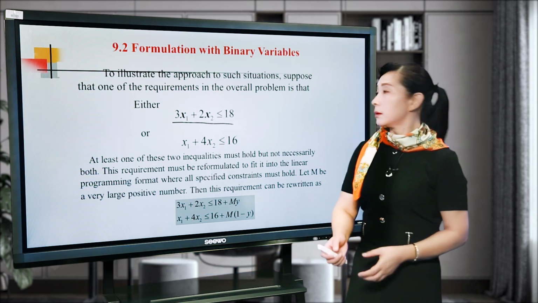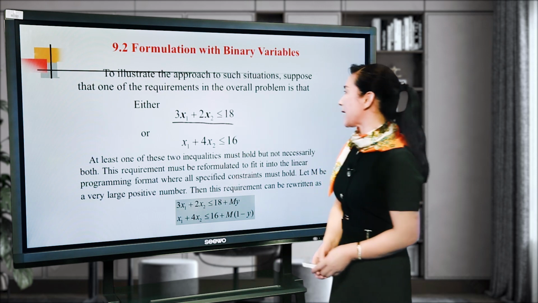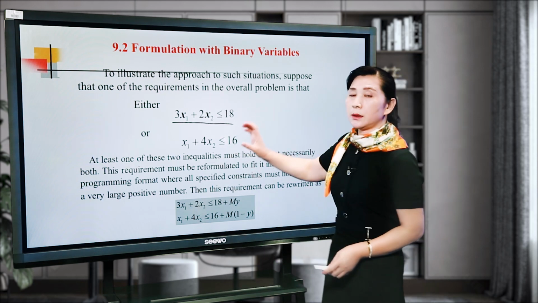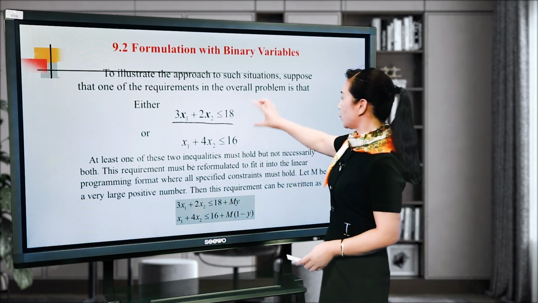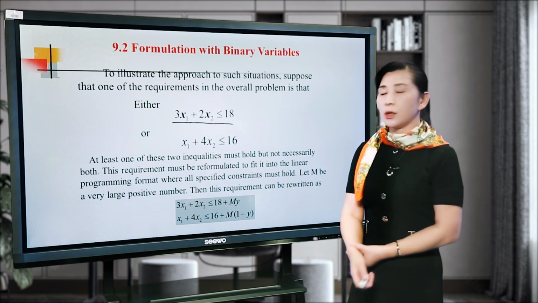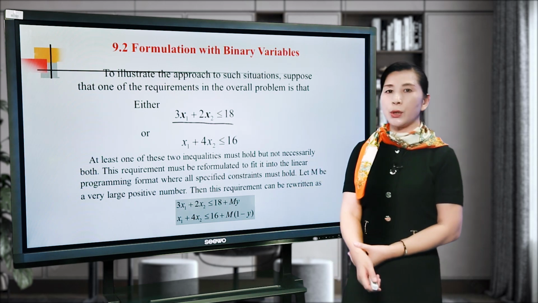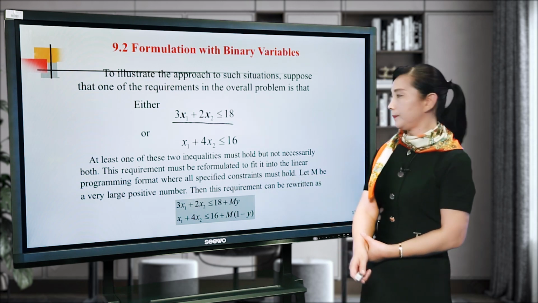For example, we can produce the products in plant 1, or we can produce the products in plant 2, but these two plants are alternatives. So at least one of these two inequalities must hold but not necessarily both.